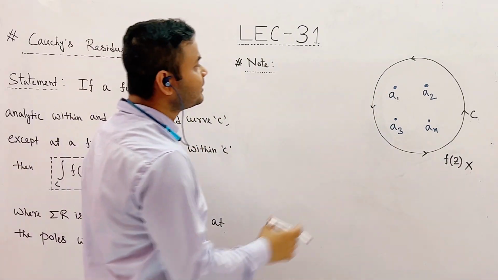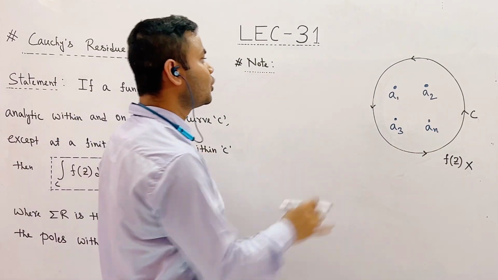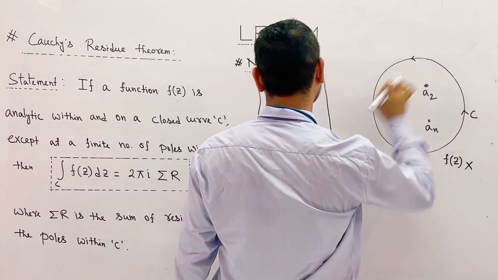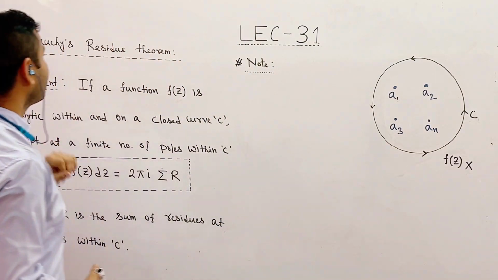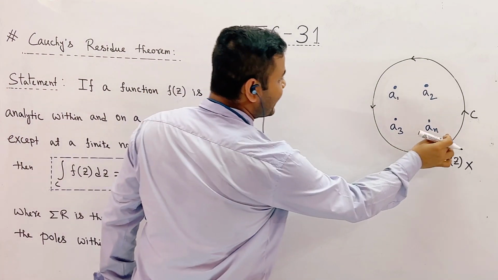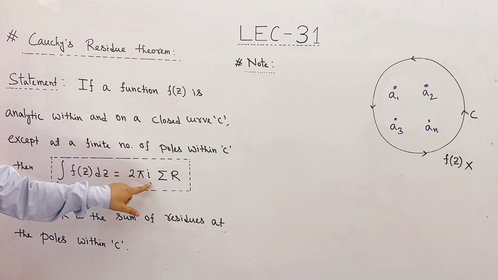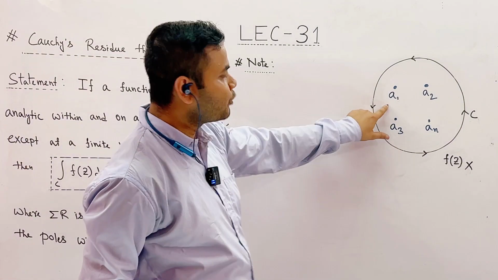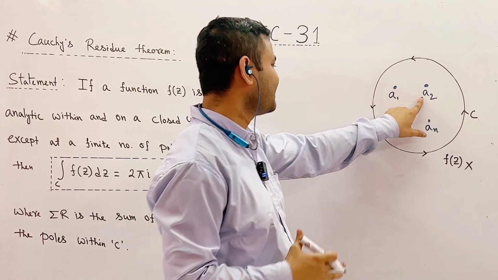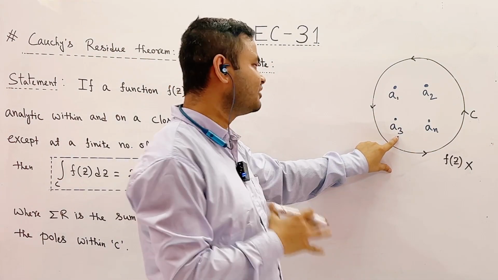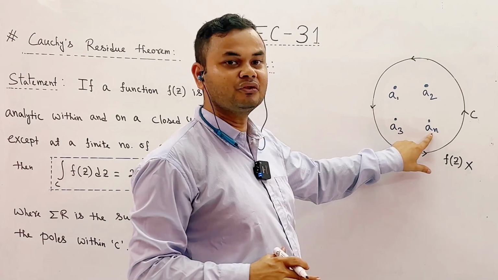However, except for these poles, this function f of z is analytic at all points within and on the closed curve C. If this condition is satisfied, then according to Cauchy's residue theorem, the integration along closed curve C of f of z dz is equal to 2 pi i times the residue at the pole z equal to a1 plus the residue at the pole z equal to a2 plus the residue at the pole z equal to a3 plus dot dot dot plus the residue at the pole z equal to an.